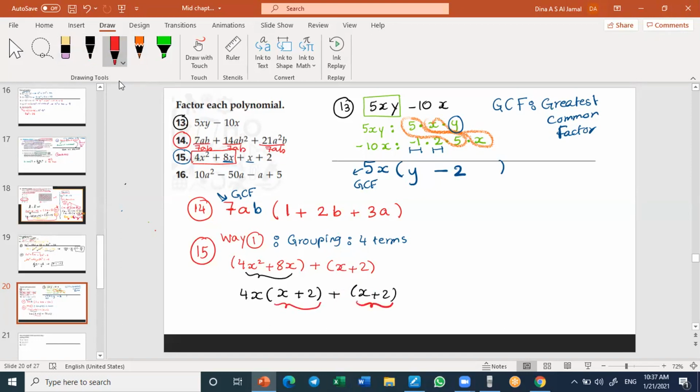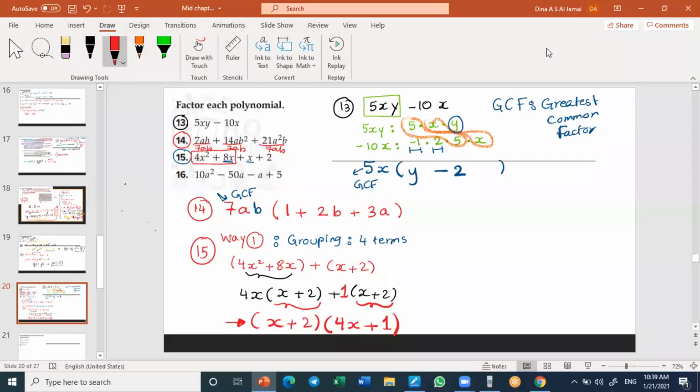You will extract your GCF outside, x plus 2, and then take what's remaining, 4x. Now you took everything here. What's remaining is your 1 plus 1. That's it. So that is how you can solve it by grouping. Way 2, I will explain now.